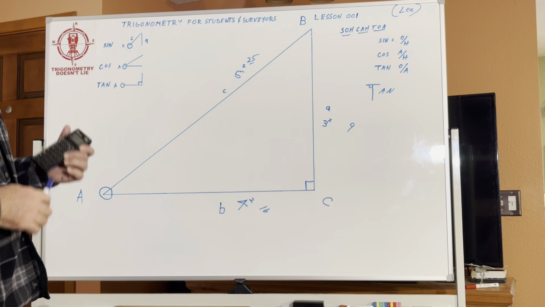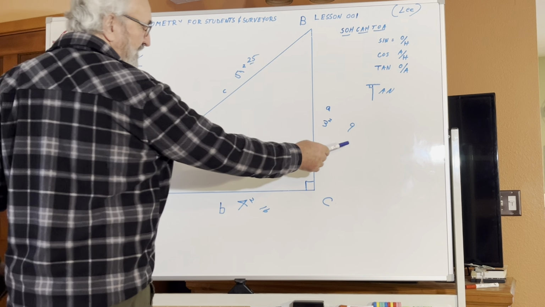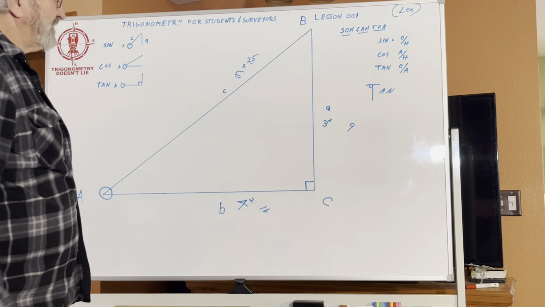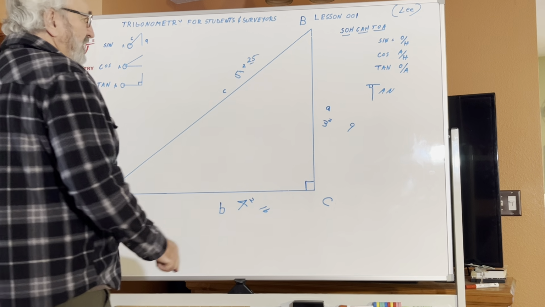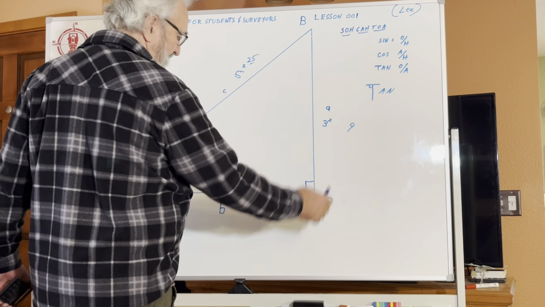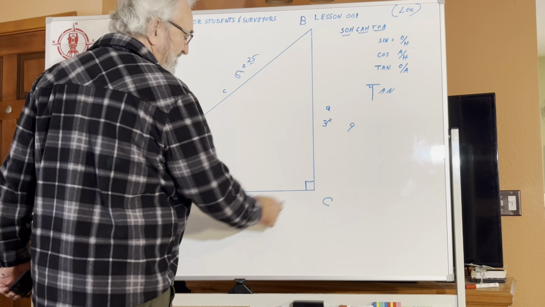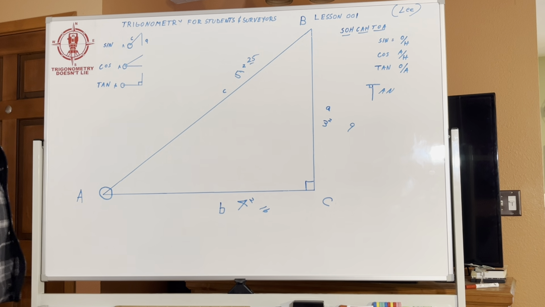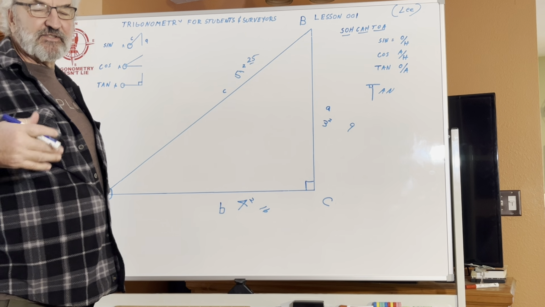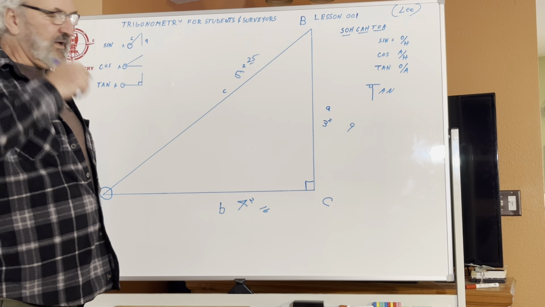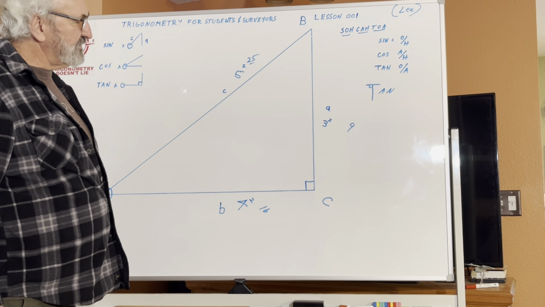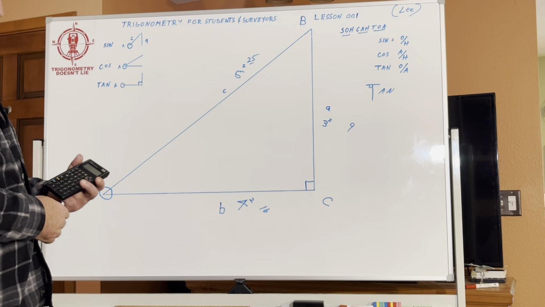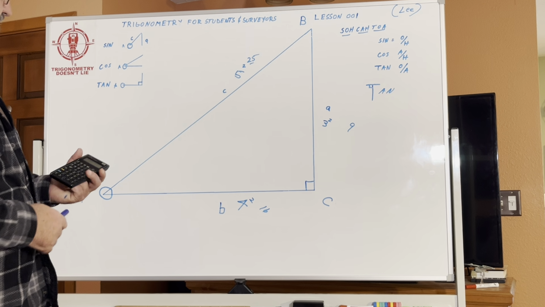Okay, so A squared is 9, B squared is 16, equals 25. 25 minus 9 equals 16, 25 minus 16 equals 9. So we're not going to use that too much, other than to check triangles. And that's about that.